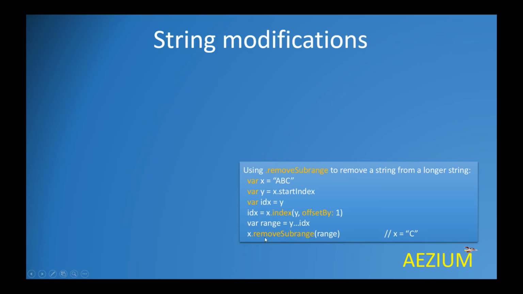This is the keyword that we mentioned before. Within parentheses, we have range as the argument, and as a result, what this does, it removes all the characters which fall within this range, 0 and 1. So a and b will be removed, and whatever is left behind within x is only c.